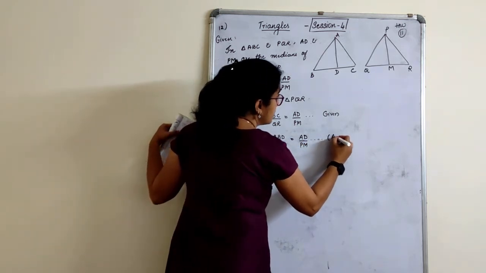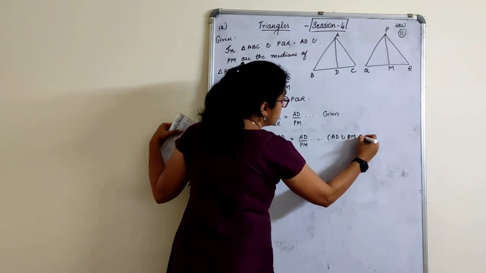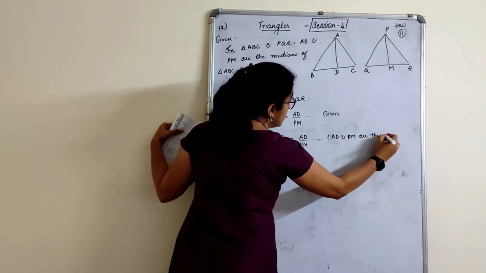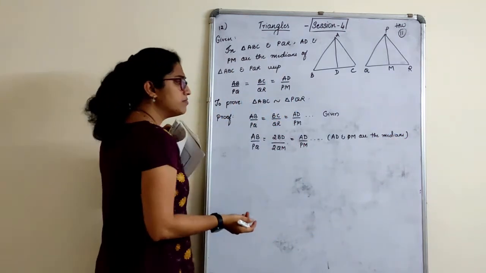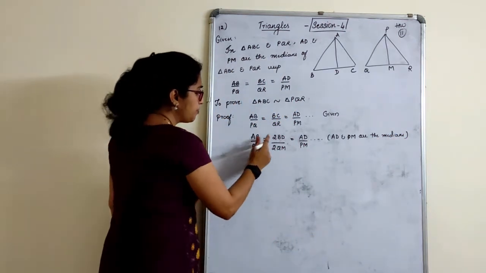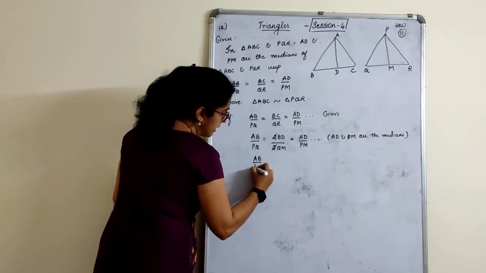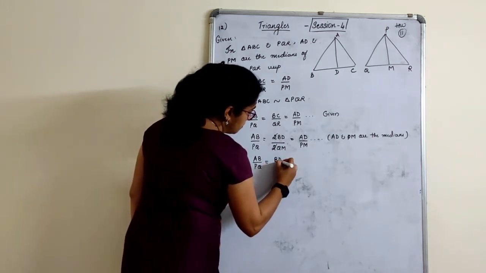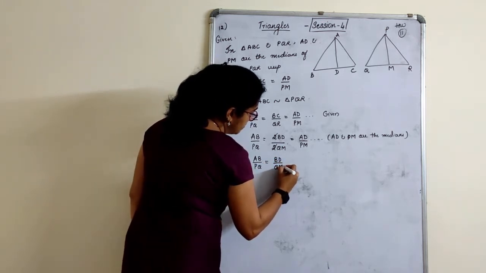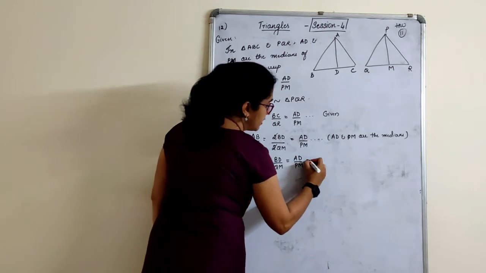Reason: AD and PM are the medians, median property. So 2 and 2 will get cancelled. What will remain? AB upon PQ is equal to BD upon QM is equal to AD upon PM. Equation 1.